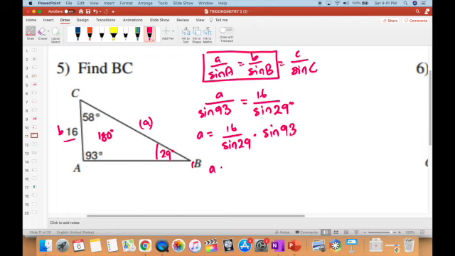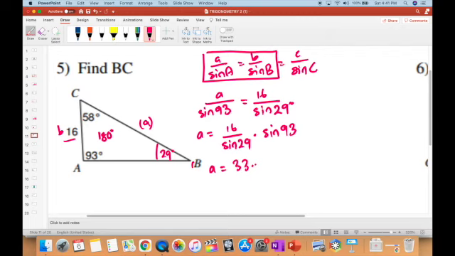Let's work this out: 16 divided by sine of 29 is 33, multiplied by the sine of 93.